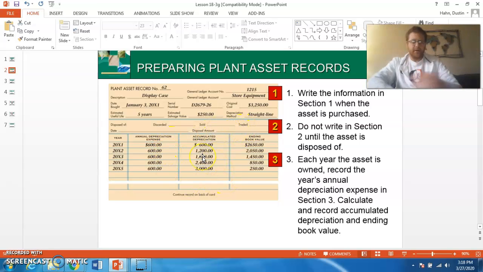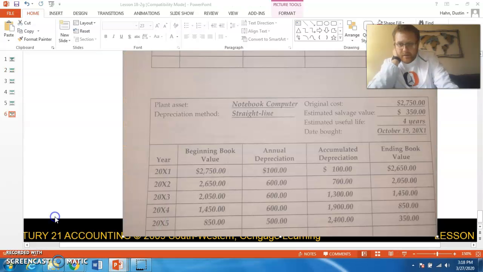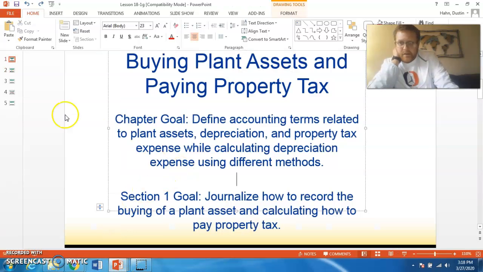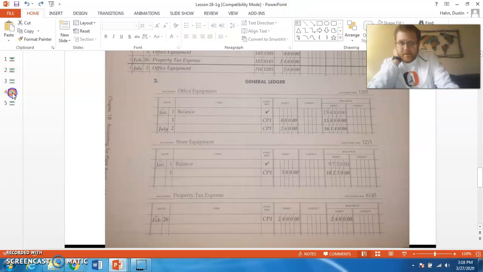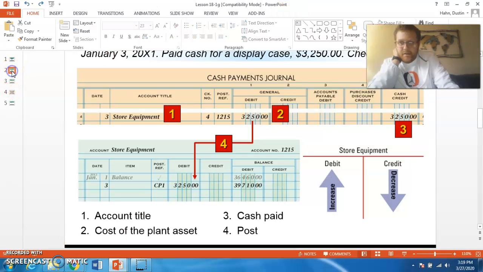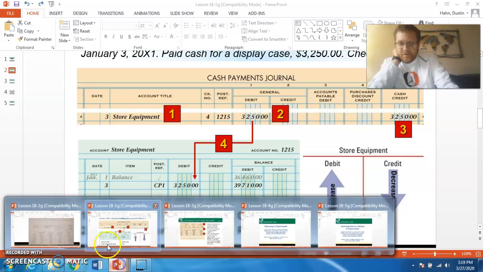Section 3 right here. Each year the asset is owned, you want to record the year's depreciation expense. So going back to what we have already worked with, I believe it was in section 1, maybe it was section 2.